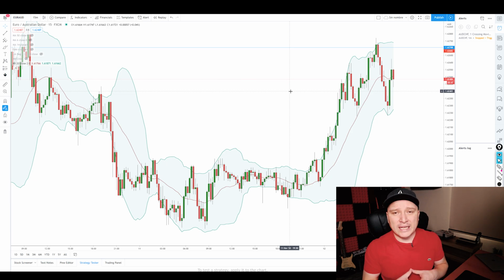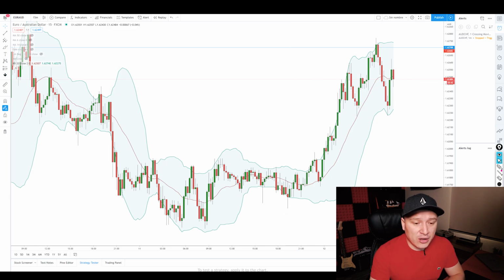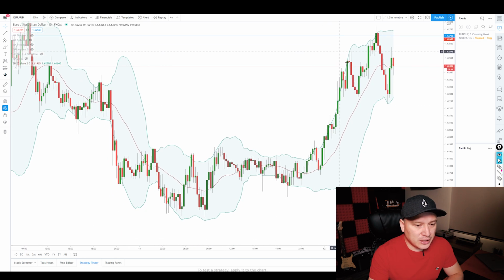How does this strategy work? Very, very simple. These are a couple of boundaries, and let me just go ahead and change the color real quick. These are boundaries, as you can see in this area.